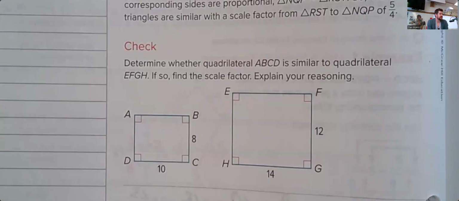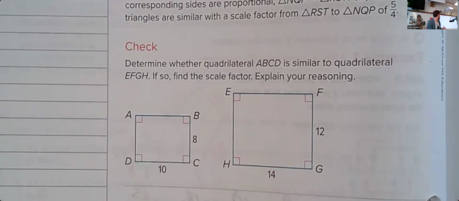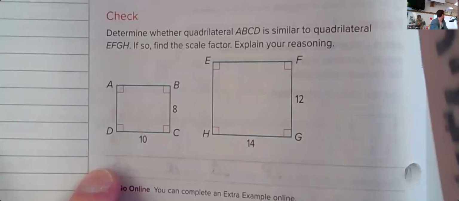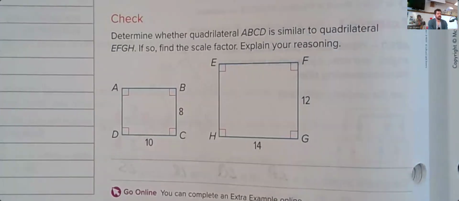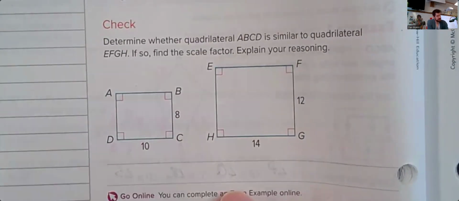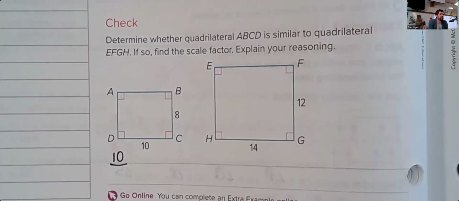All the angles are 90, so we know the angles are congruent, so that's a good thing. But we also have to figure out if we have proportionality with the side lengths. So if I was to say 10 here from this one, what would I put that over on the other shape?